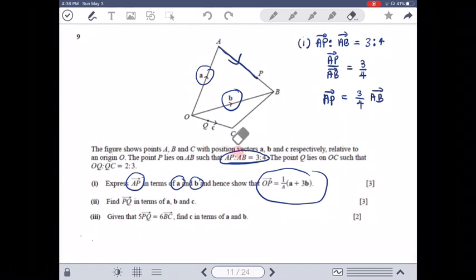Can we find AB? Yes, we can. If you look at the diagram, AB is just equal to AO plus OB.